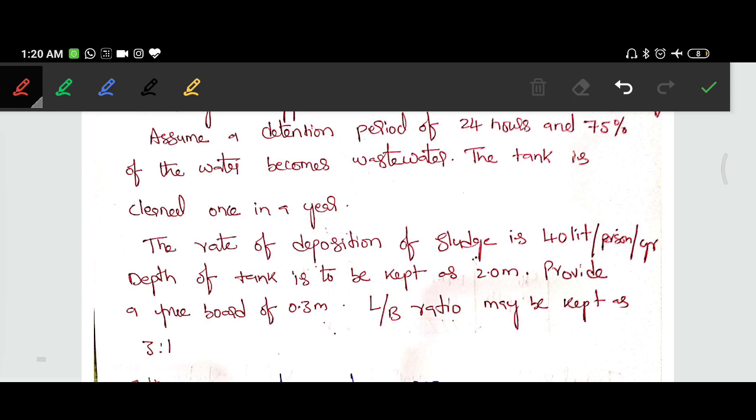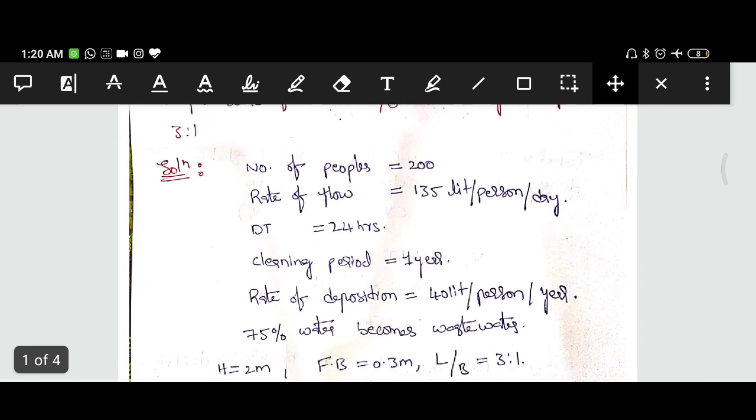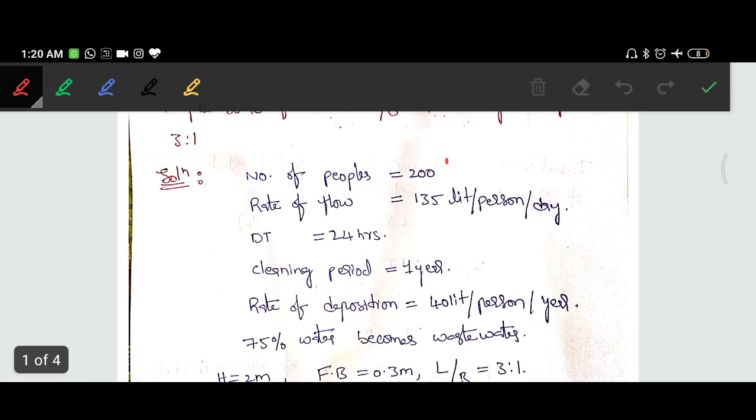So let's see the given data once. The number of people in the colony is given, that is 200. The rate of flow is given, that is 135 liters per head per day. Detention time is 24 hours. Cleaning period is every 1 year.